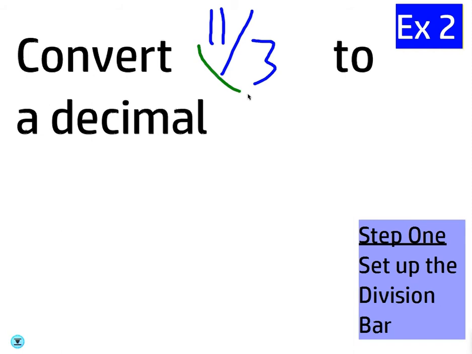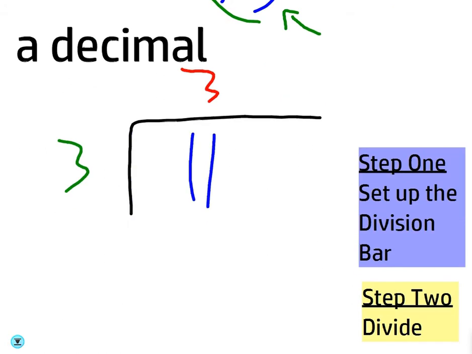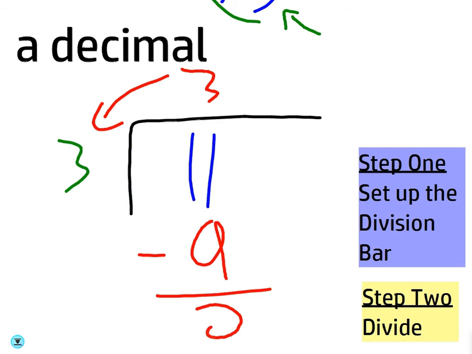Number 2, 11/3. The denominator goes on the outside of the bar and the numerator goes on the inside. How many times does 3 go into 11? 3. So we don't have to put a decimal there this time because it goes into it evenly, right? 3 times 3 equals, not plus, 9. Make sure you multiply and then subtract, which is 2.